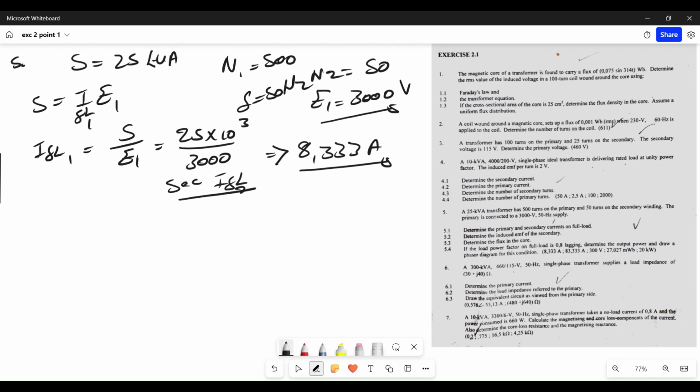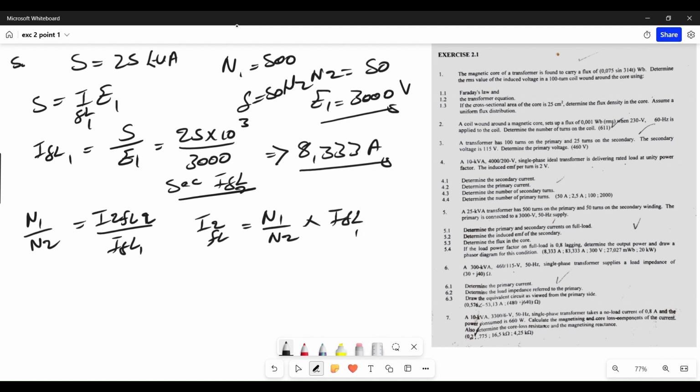It's straightforward, you just need to focus. The equation we are using is N1 over N2 equal to I2 full load over I full load 1. We have I full load 1, so we make I2 full load the subject: N1 over N2 times I full load 1.